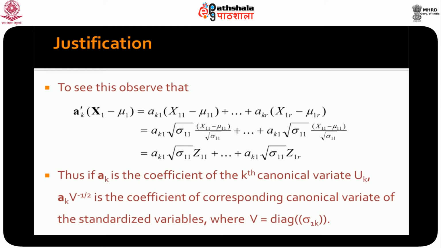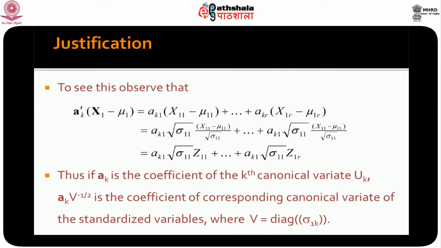So, we have these different coefficients now, and if we start with a and multiply a by a matrix V11 to the power of half, then we can get to these new coefficients. What is V11 to the power half? It is basically a diagonal matrix with the diagonal elements equal to root sigma 1 1, root sigma 2 2, etc., up to root sigma rr.